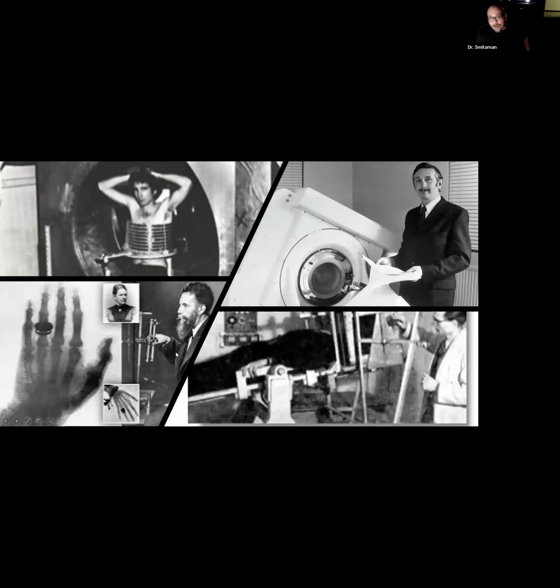Starting with the bottom left-hand corner image, William Conrad Röntgen, as we know, father of radiology, in November, the fall of 1895. So conventional radiology and CT, top right corner, 1968, 67-ish, Sir Godfrey Hounsfield.